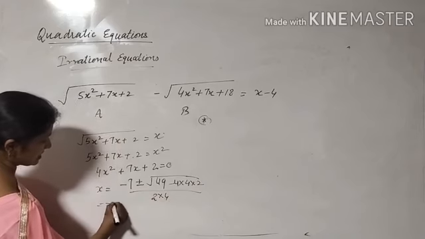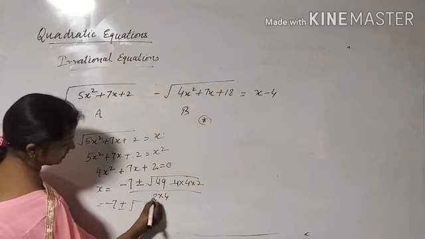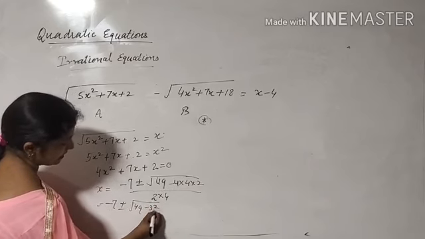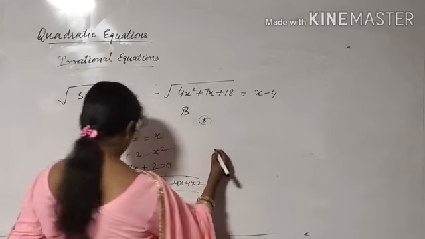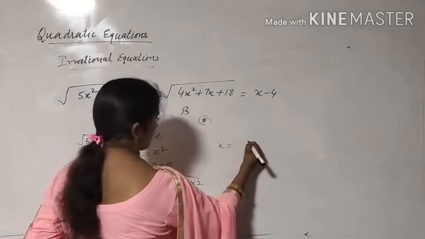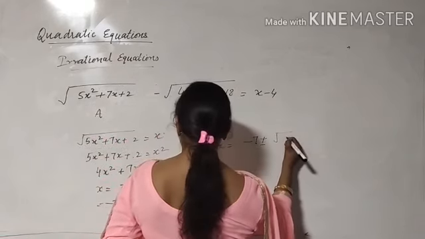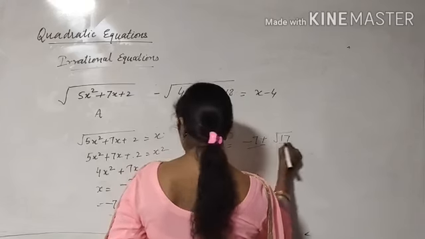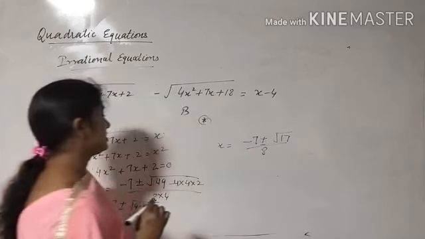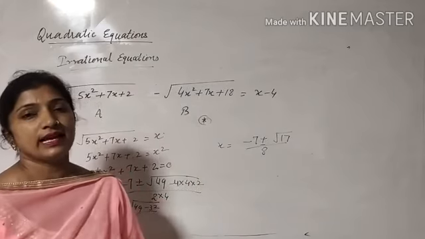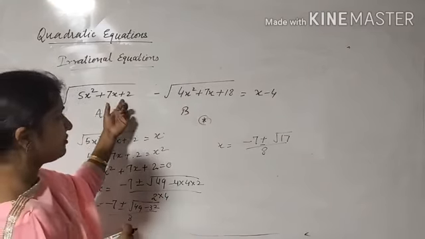So this is minus 7 plus minus under root of 49 minus 32 divided by 8. So x will be equal to minus 7 plus minus under root of 17 divided by 8. So these are the two values of x that can be evaluated with the help of this equation.